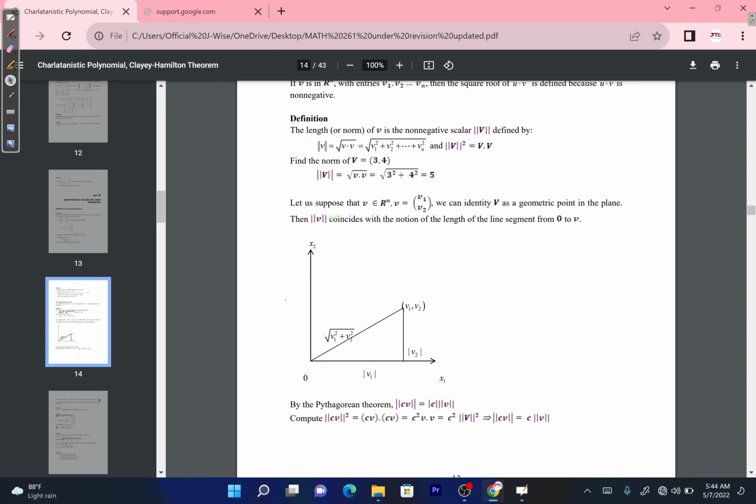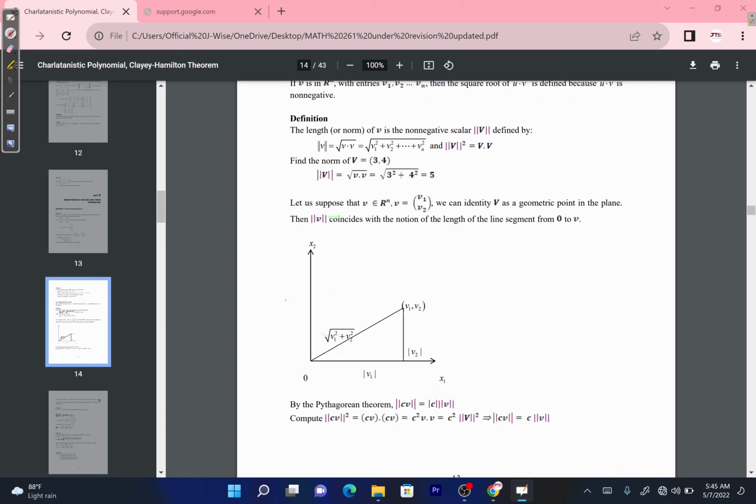This simply means that the norm measures its distance from the origin. There is a difference between a norm and a metric. A metric measures the distance between 2 vectors, but a norm measures the distance from the origin.